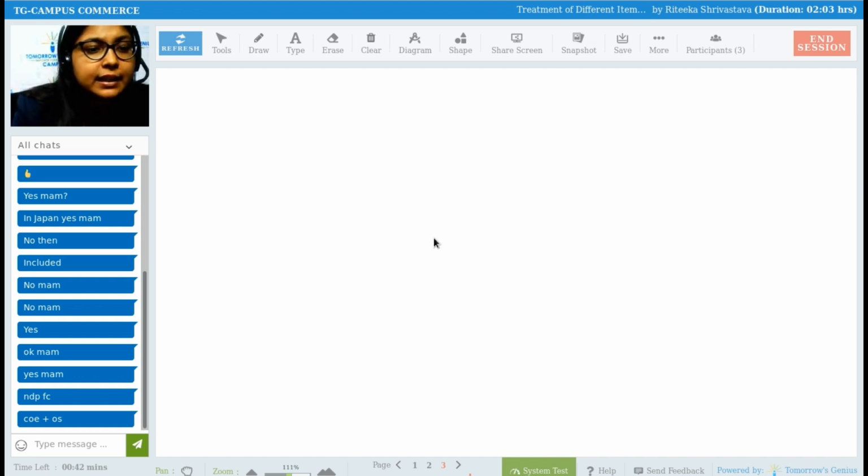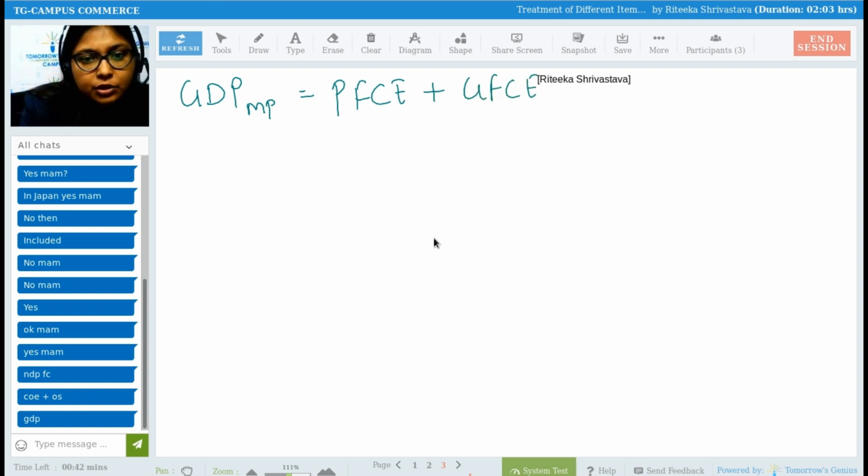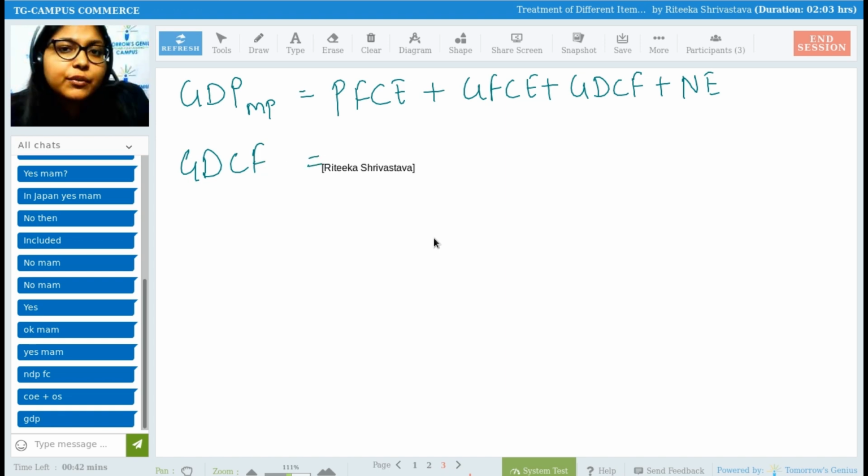Last, expenditure method. What is the aggregate of expenditure method? Very good. Not only GDP, full GDP at MP. Private final consumption expenditure, government final consumption expenditure, gross domestic capital formation, net exports. Now gross domestic capital formation: if it is not given directly in the question, what is the formula?